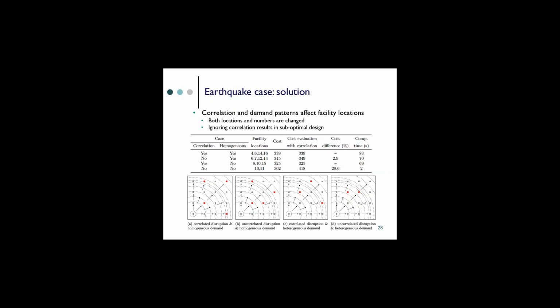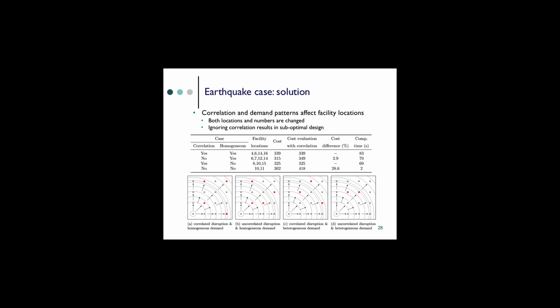Then we compare the case with homogeneous and heterogeneous demand, as shown in picture A and picture C. Generally, the number of facilities for the heterogeneous demand is fewer than the case with homogeneous demand, because now demands are centered in this area, and for example, we don't need these facilities, to reduce the facility cost.